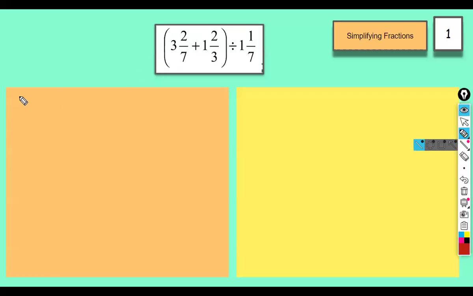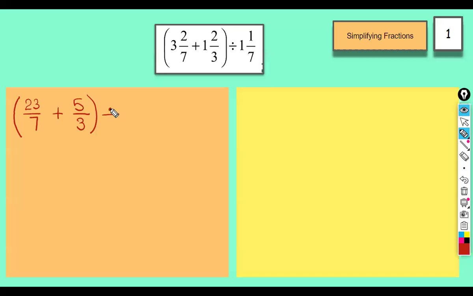So this one here, let me put it in brackets quickly. 3 by 7 is 21. 21 plus 2 is 23. So we put 23 over 7. Remember, we put back the denominator. Next, 1 multiplied by 3 is 3. 3 plus 2 is what? 5. And then we put back the 3 underneath. And I'm putting back all my brackets and everything.